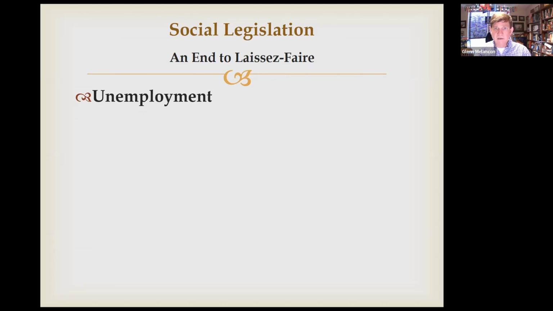In a free market, the unemployed are simply a labor supply. Right? People are simply a human resource. But that unemployed worker probably has a family, and that family then is going to go hungry. And workers wanted food.